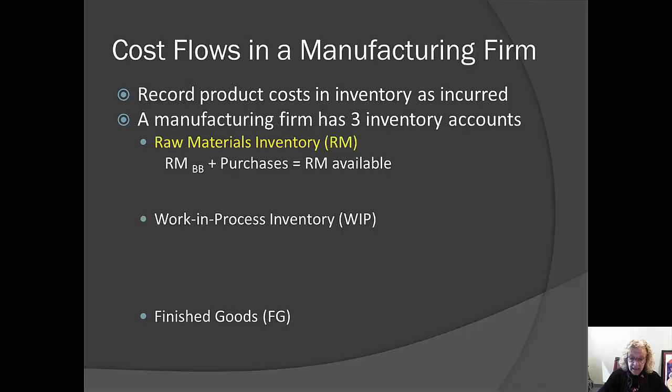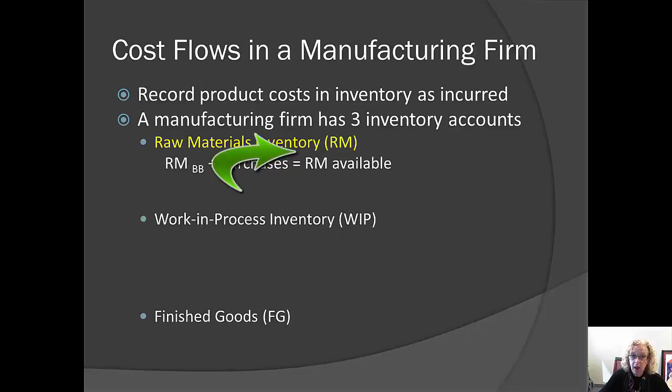At the end of last period, we took a physical inventory, so we know how much raw material we had at the end of last period, which automatically becomes the amount of raw materials that we have at the beginning of this period. During this period, we also add new purchases.